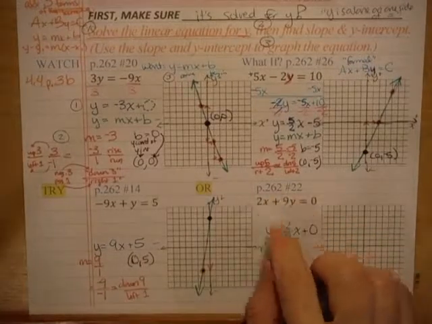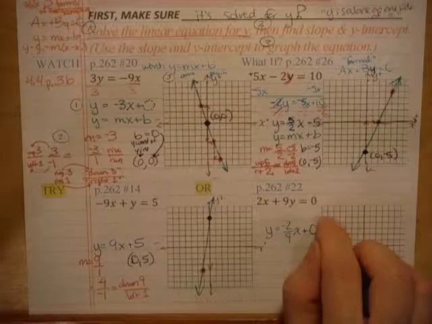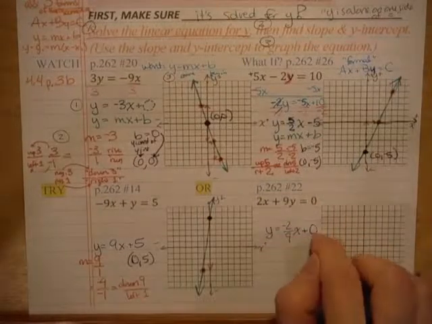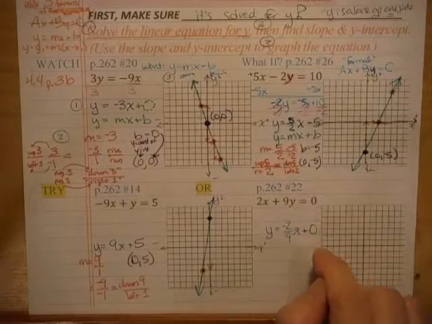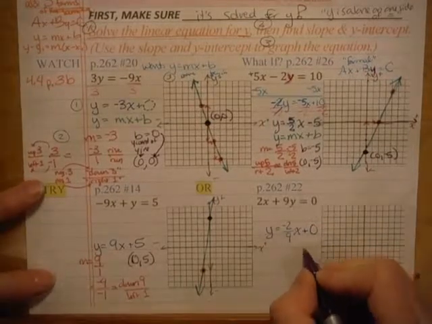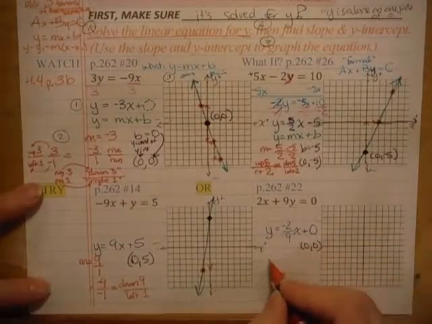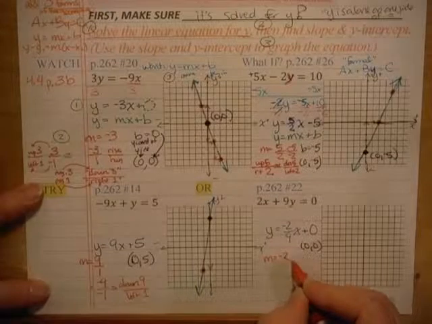You may have ended up dropping that 0 out when you moved the 2x over and got 9y equals negative 2x. But remember, when you wanted y equals mx plus b, you got to represent each piece somehow, and so that's where 0 comes in handy. So our intercept becomes 0, 0. Our slope, that number in front of the x, is negative 2 over 9.